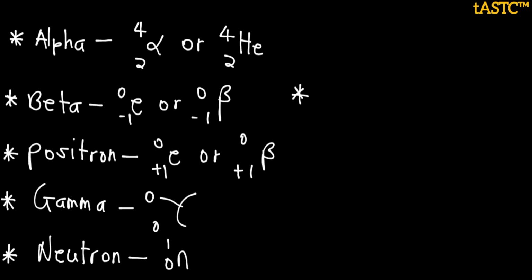Now there is also another one that is called a neutrino. Neutrinos are written this way. Then you can also have anti-neutrinos.